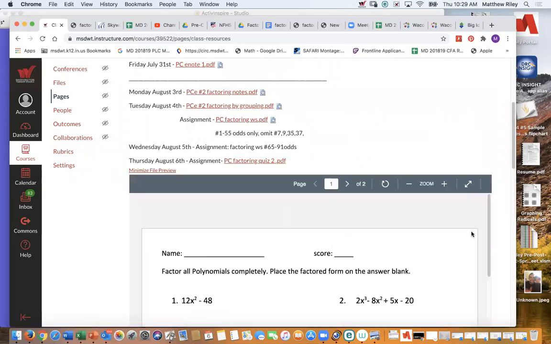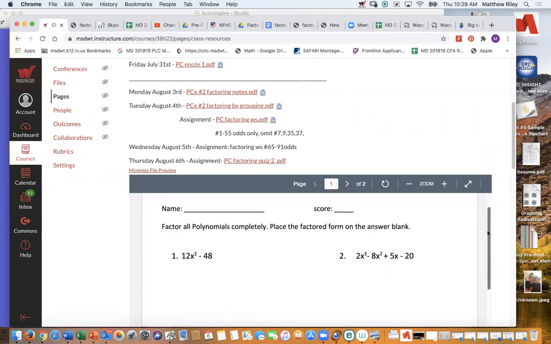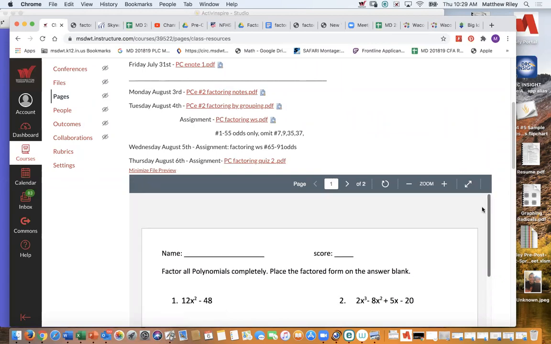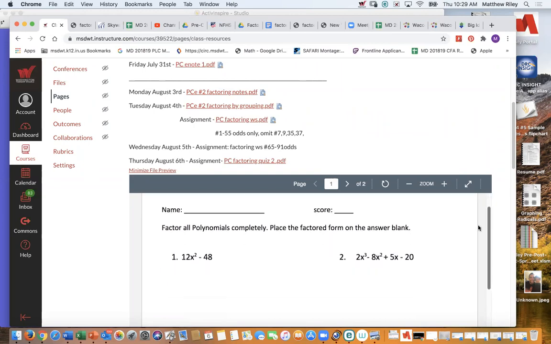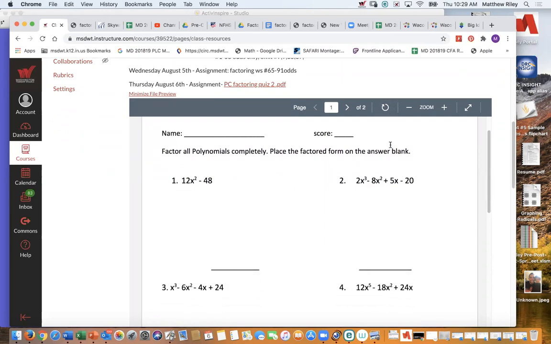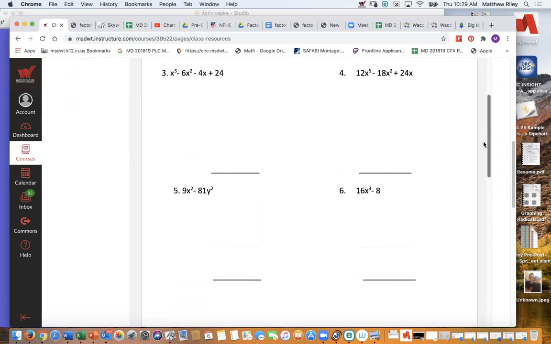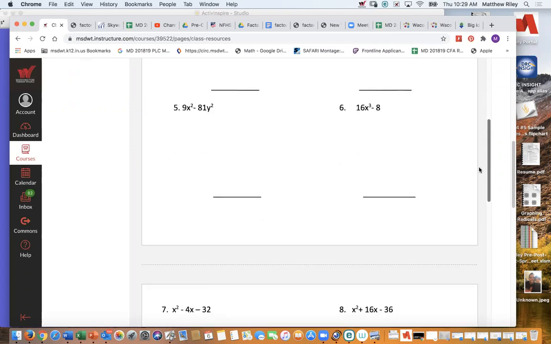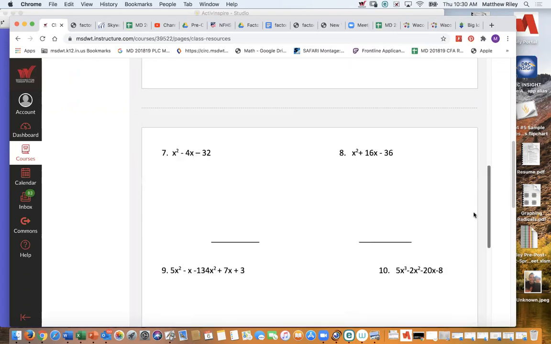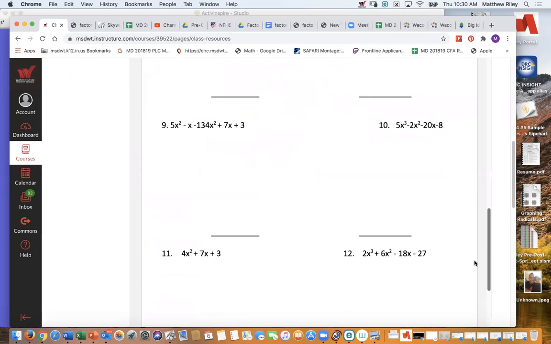It used to say quiz at the top, but it's called Factoring Quiz 2. This is not a quiz.